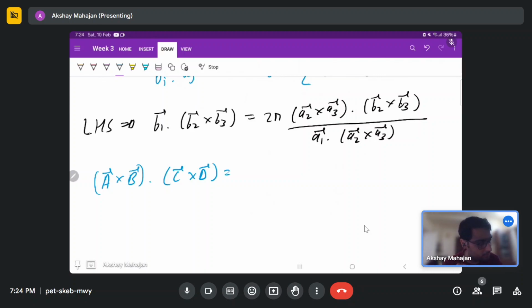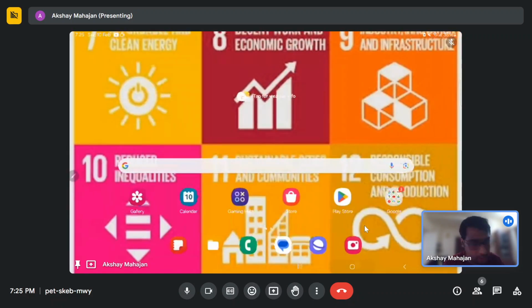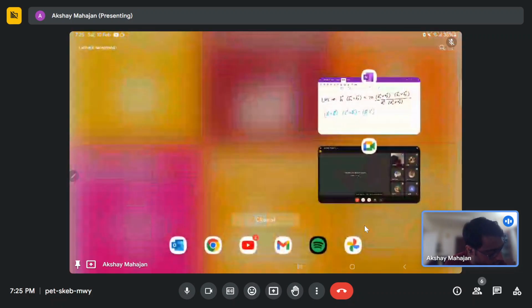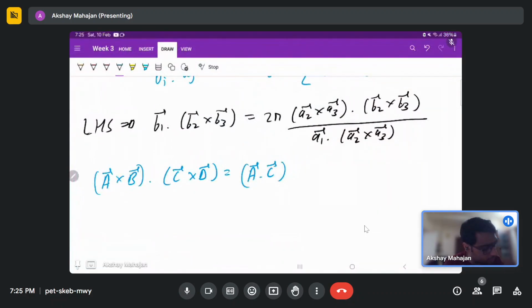This is given by A vector dot C vector times B vector dot D vector, minus A vector dot D vector times B vector dot C vector, right?